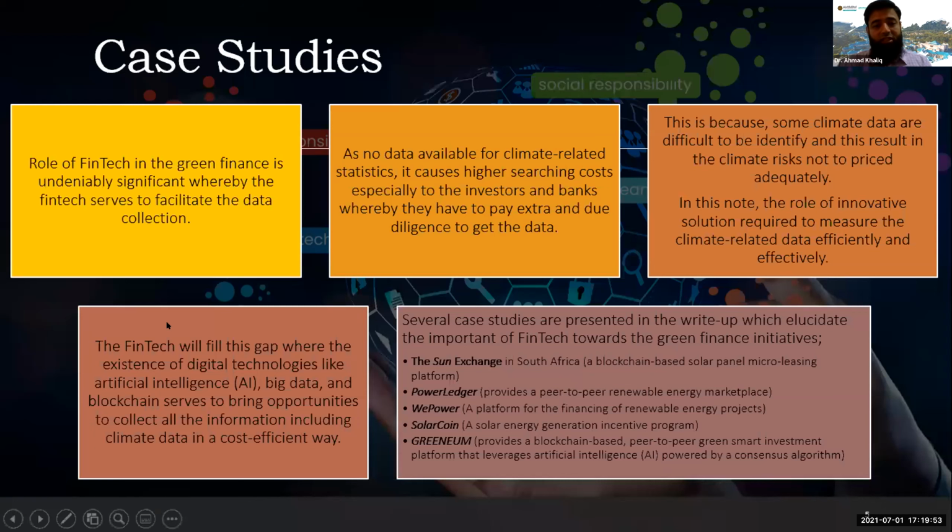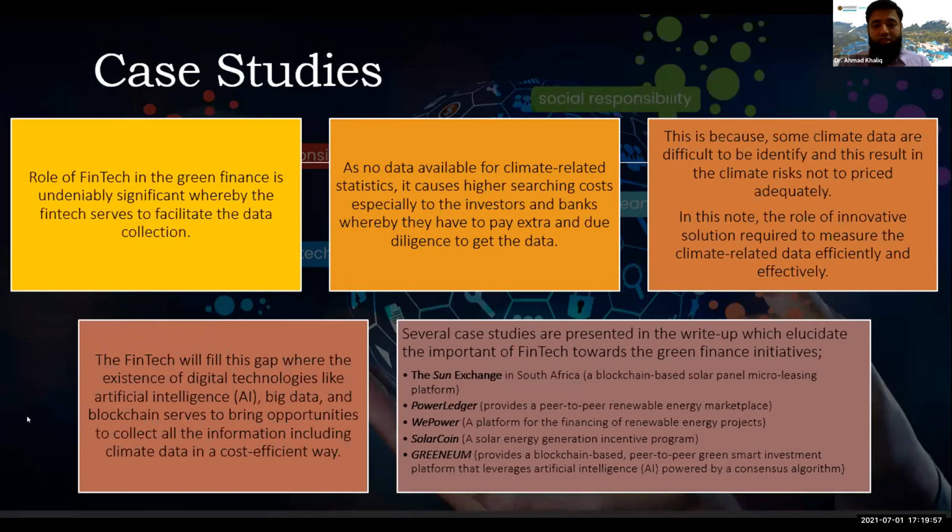The next slide basically shows some samples or case studies on the subject, for example, using fintech in providing financial facilities. As we know, the role of fintech in green finance is significant, whereby fintech serves to facilitate data collection.